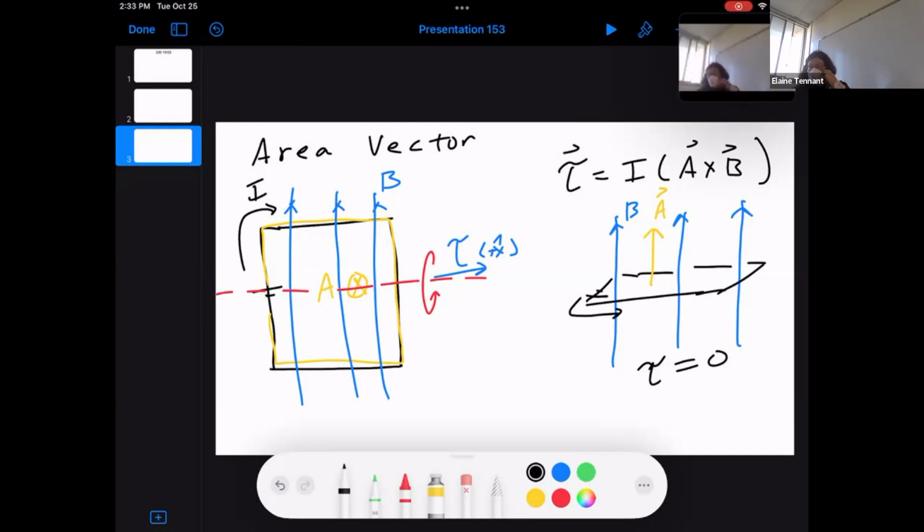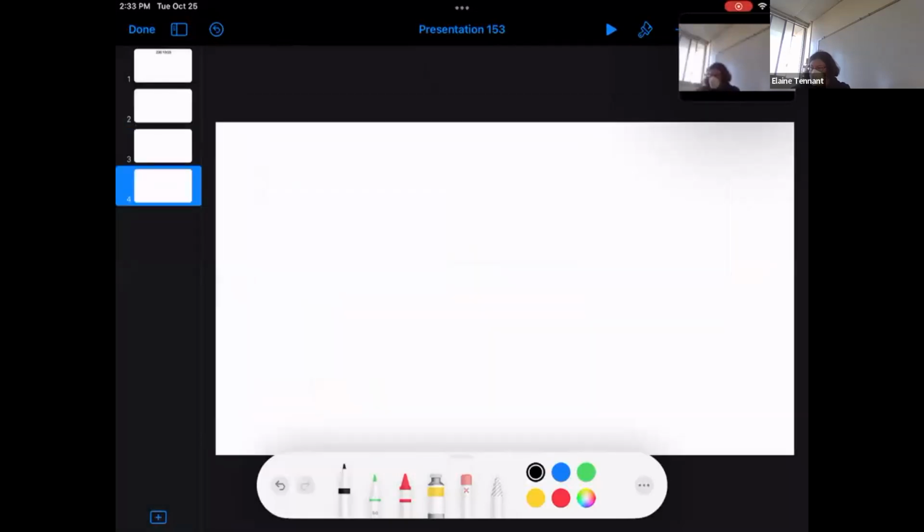This is kind of where it's going to start, where we're going to call something a magnetic dipole moment, which is almost a magnetic field, where the magnetic dipole moment is kind of the magnetism of a loop of wire.